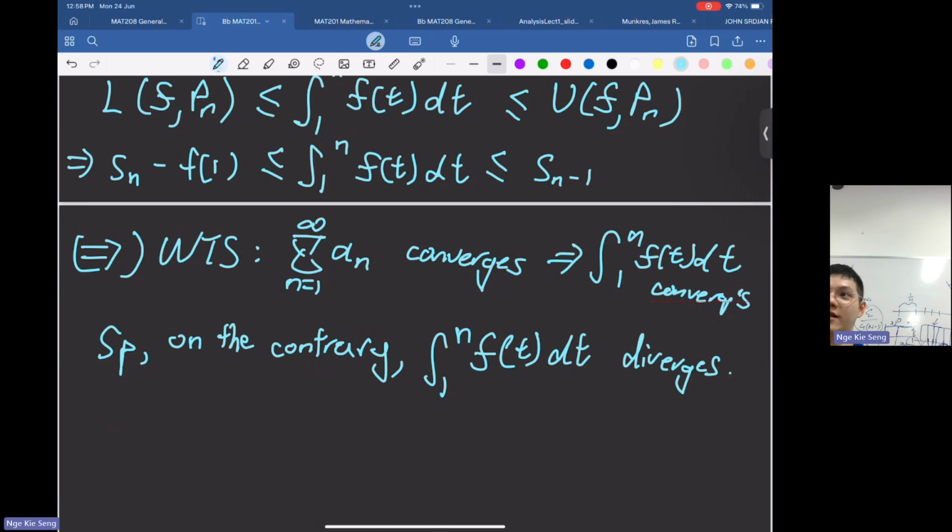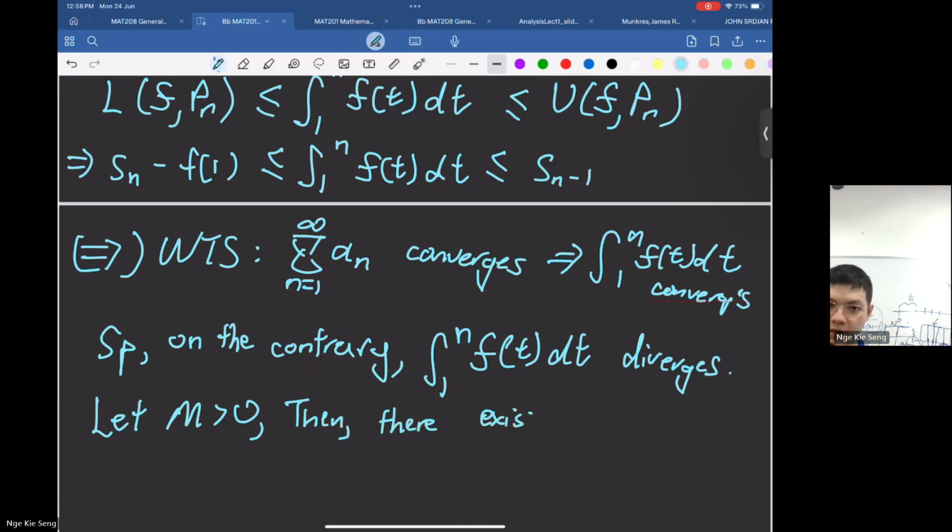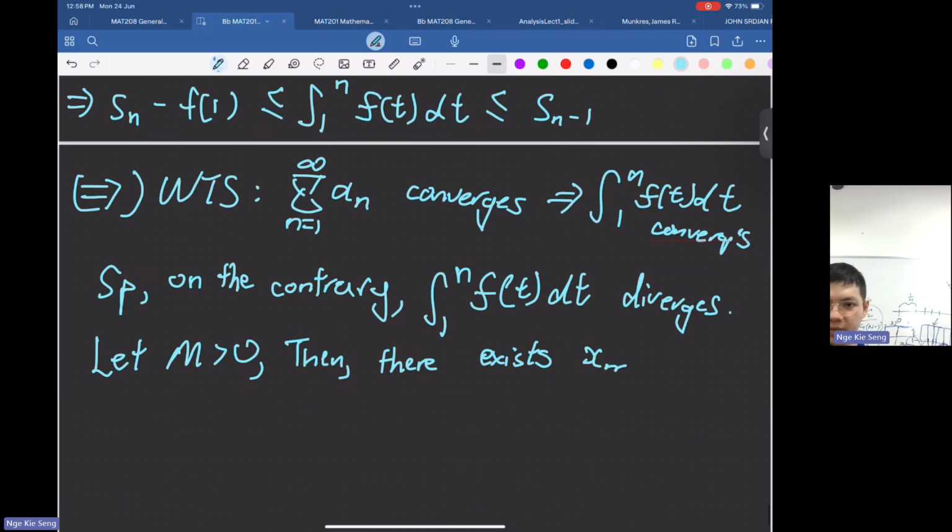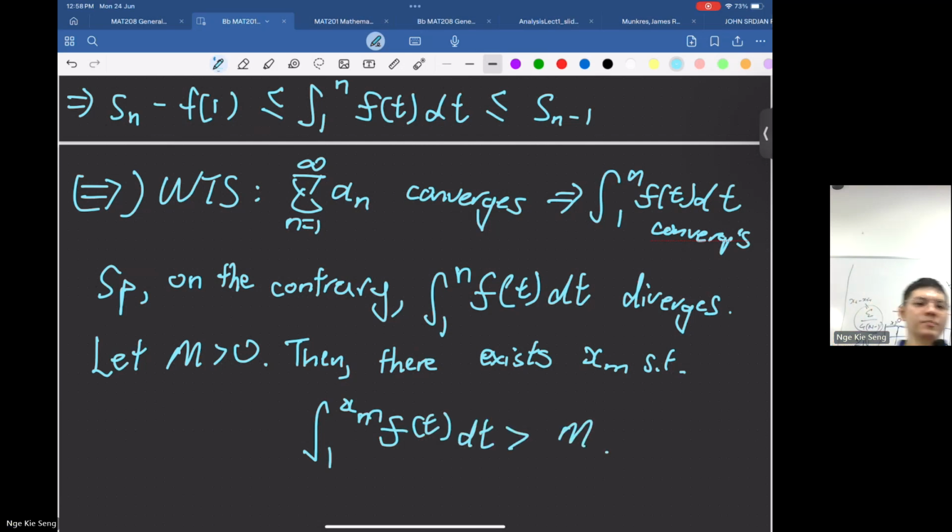For every m, this integral is greater than m. So let m be greater than 0, then there exists a point xm such that the integral from 1 to xm of f(t) dt is greater than m.